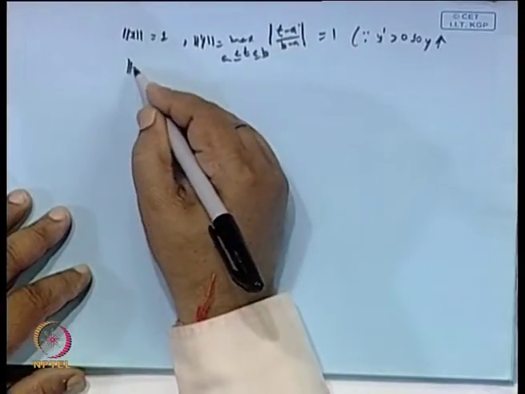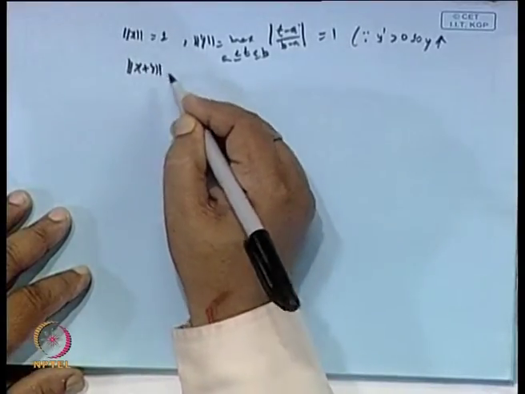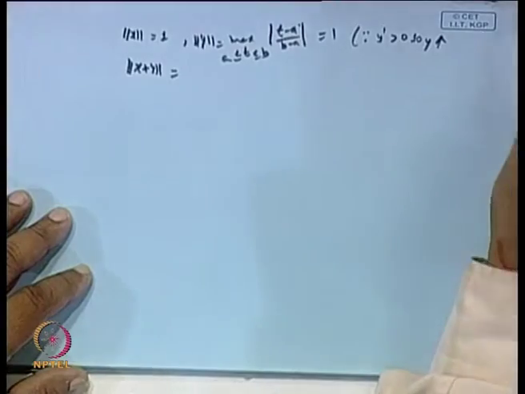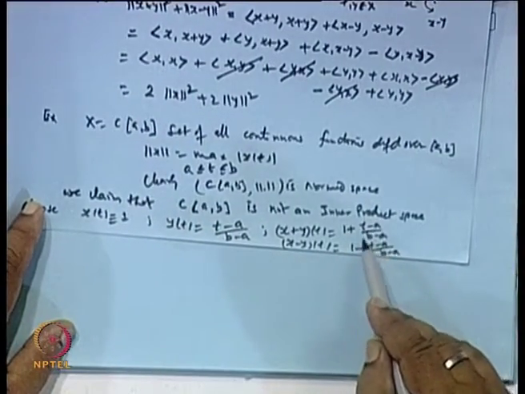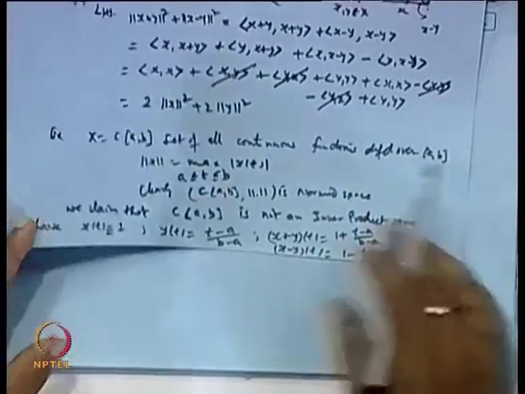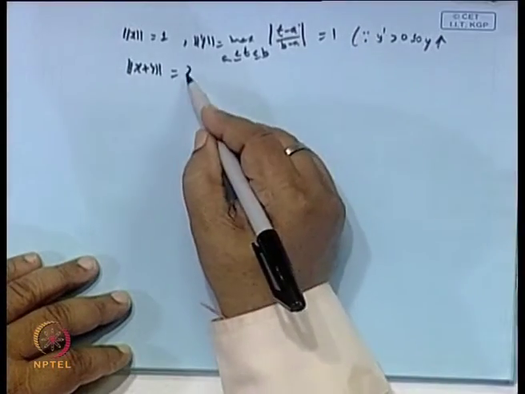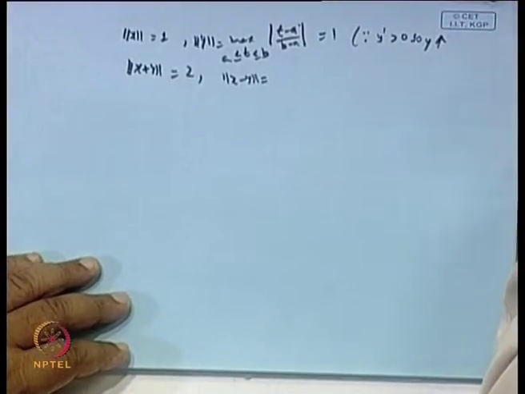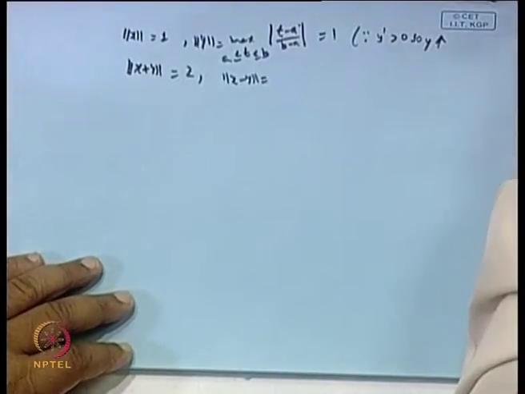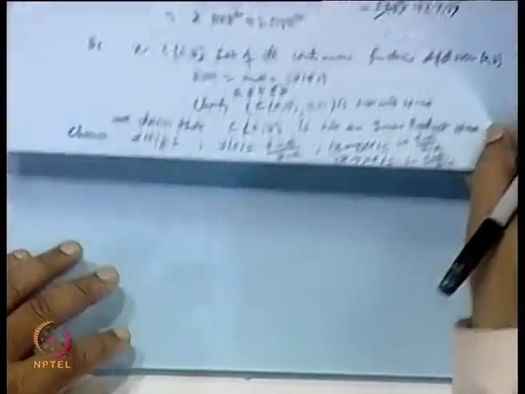Now, what is the norm of x plus y? For x plus y, this is 1 plus the other function, whose maximum value is 1, so the maximum value is 2. Norm of x minus y: what will the maximum value be?